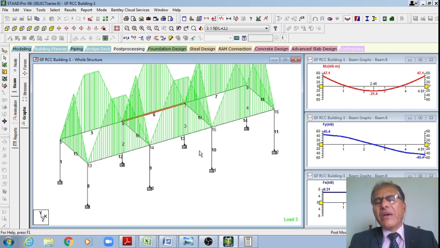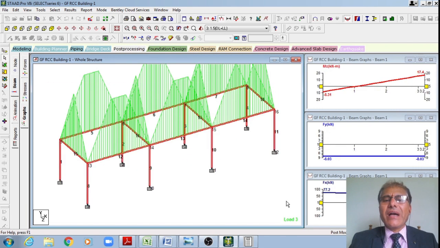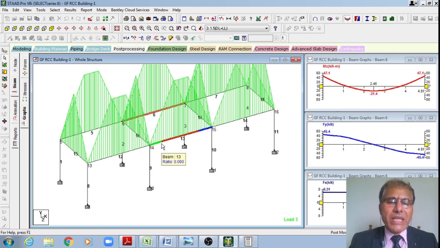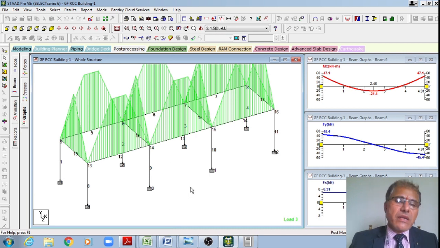Therefore, there is a lot of change in assumptions from the 3D analysis of STAAD to the manual analysis, assuming only one beam which is fixed at both ends. Obviously that much error will come. That is how the change in assumptions from manual calculation to the 3D analysis matters.